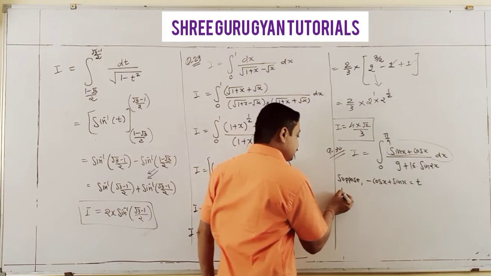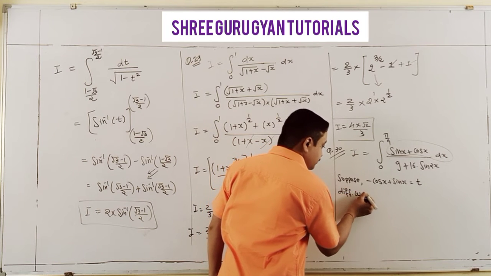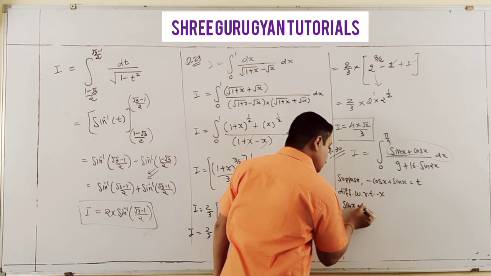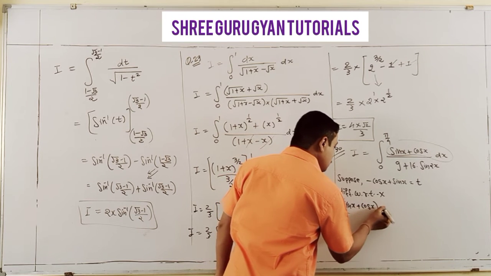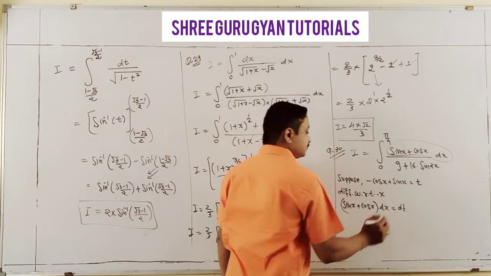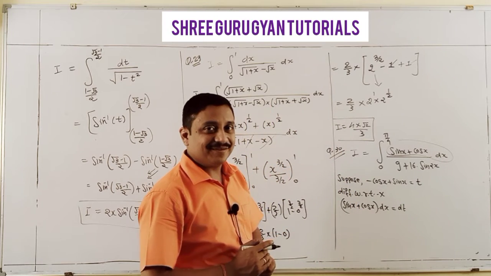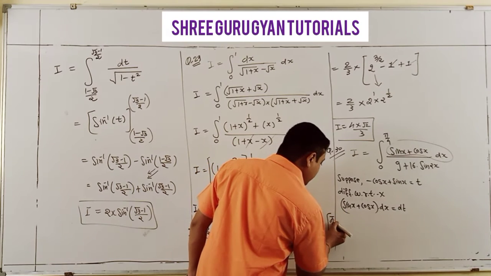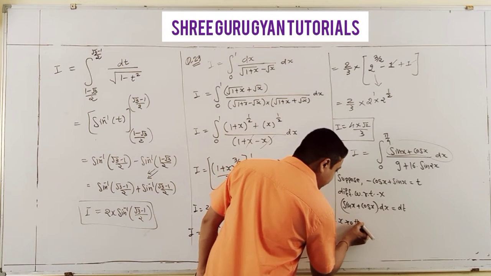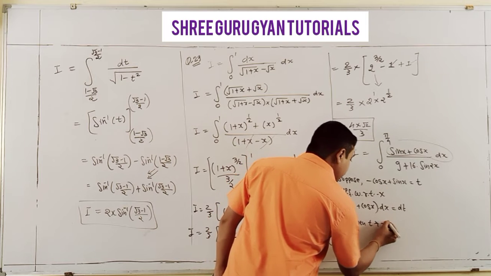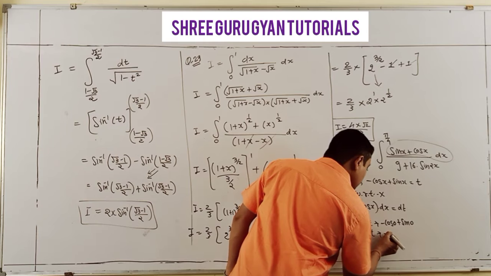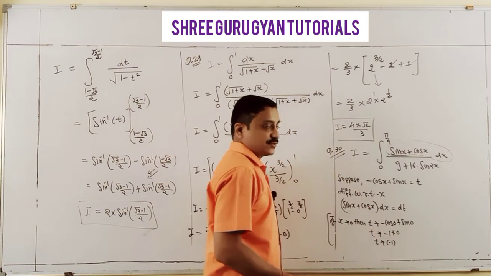Now differentiation with respect to x: sin x plus cos x dx equals dt. Now the limits change. If x tends to 0, then t tends to minus cos 0 plus sin 0. Sin 0 is 0 but cos 0 is 1, so t equals minus 1.